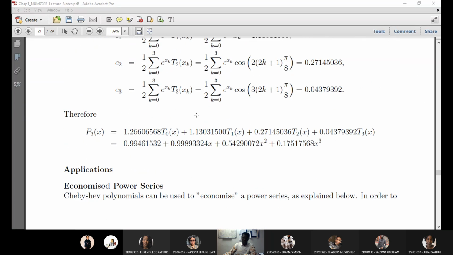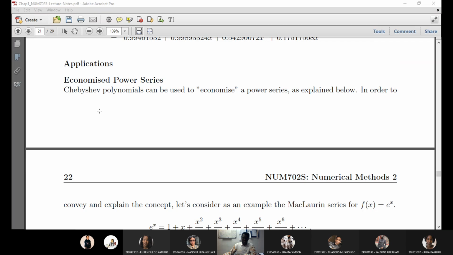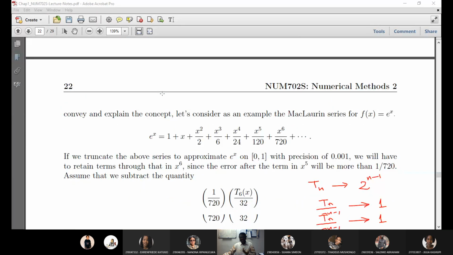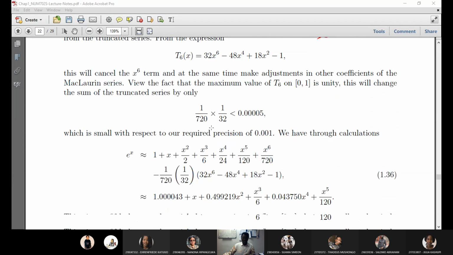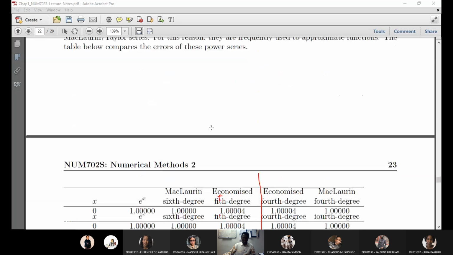And for the economized power series, the purpose is to use a truncated series and try to minimize this. That is to reduce the number of terms, but we still require the approximation to be of the same order. So that's what we apply here for the economized power series.